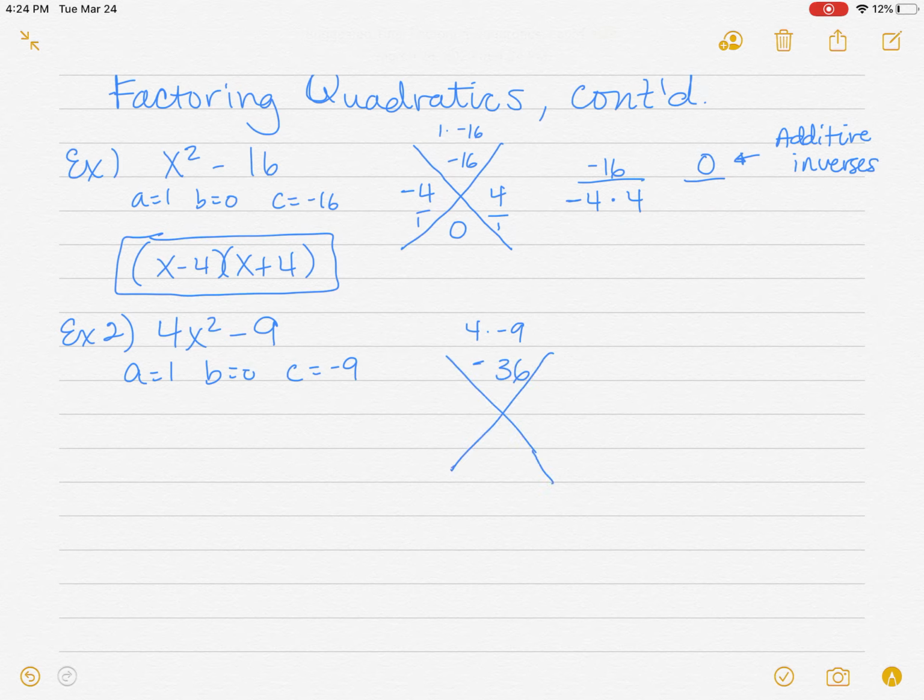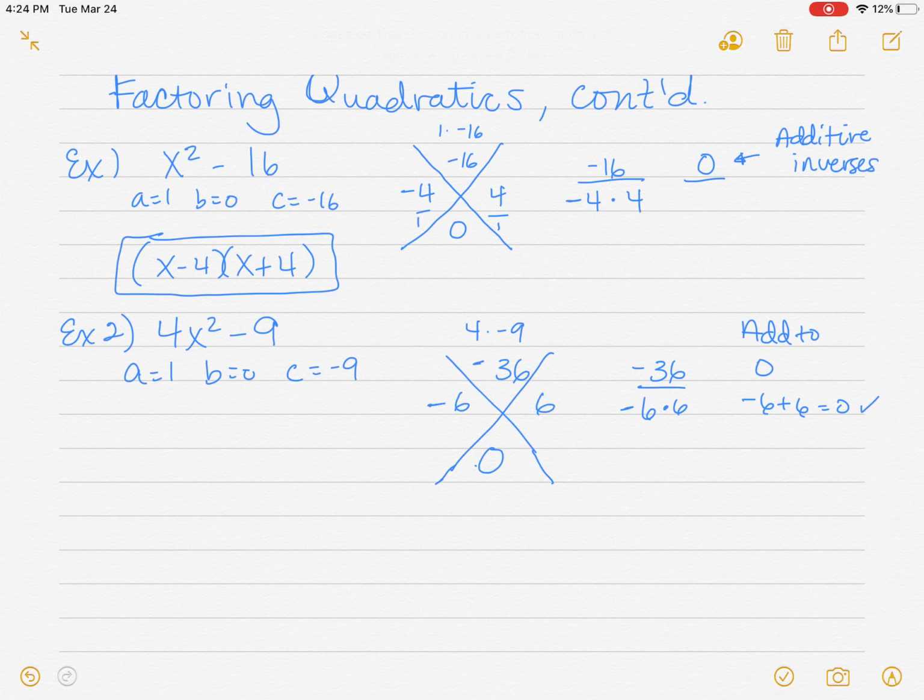So I want factors of negative 36 that add to be 0. A number that multiplies to 36 and is the same number is 6 times 6. If one of them is negative and I add them, negative 6 plus 6 is 0, right? So negative 6 and 6.